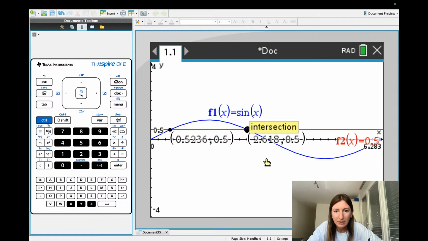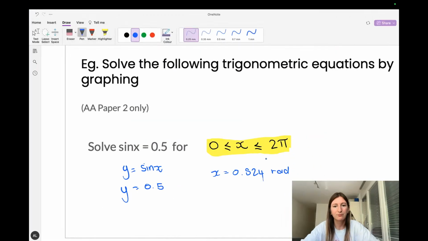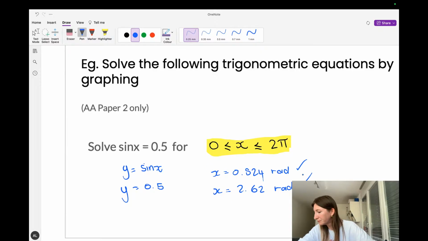Okay, 2.62. So x equals 2.62 rad. All right, and there we've solved that for the domain of between 0 and 2 pi. We have these 2 solutions, and those would be our marks.